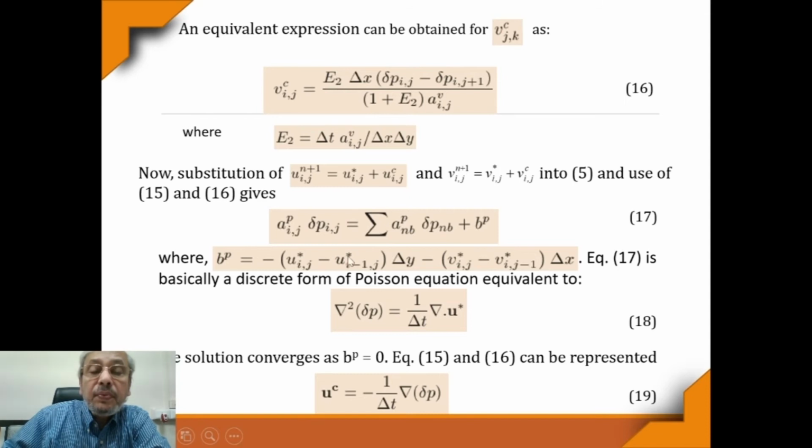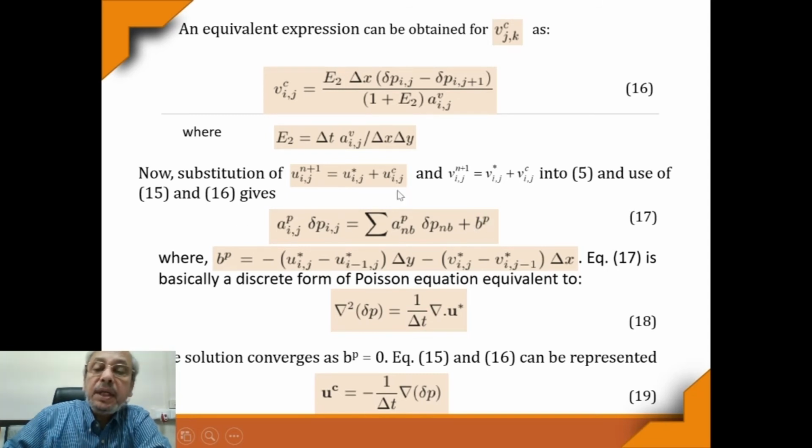And if it produces 0, BP will be 0. That means it will produce 0 when all star quantities have been elevated to n plus 1 level quantities. This is the meaning of BP.